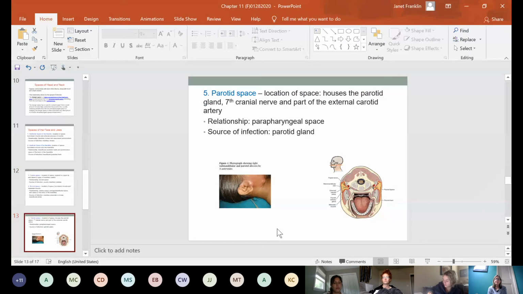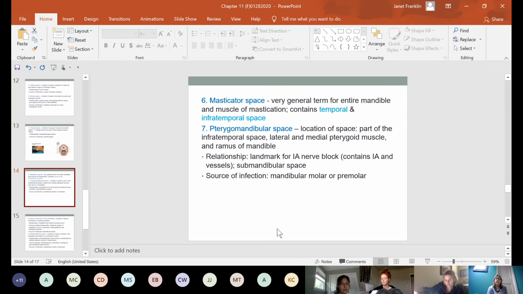Your parotid space houses your parotid gland. And if you remember, your facial nerve passes through your parotid gland. Your masticator space, it's a very general term for the entire mandible and muscles of mastication.